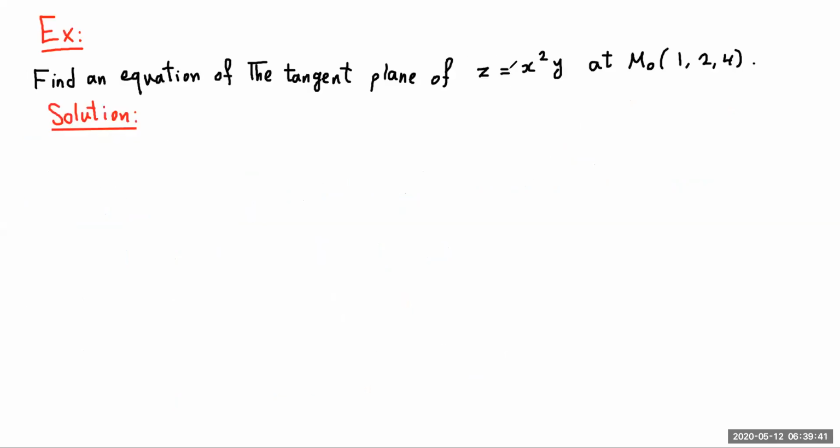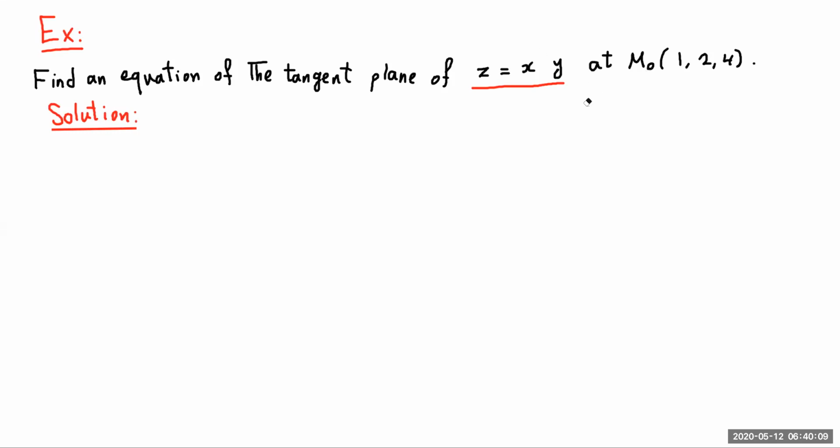Let's take this exercise. Find an equation of the tangent plane of z equal x power 2y at the point 1, 2, 4. Let's verify that this point satisfies this equation. So if I give x1, y2, x2, y1. Okay, so let's change only this here.